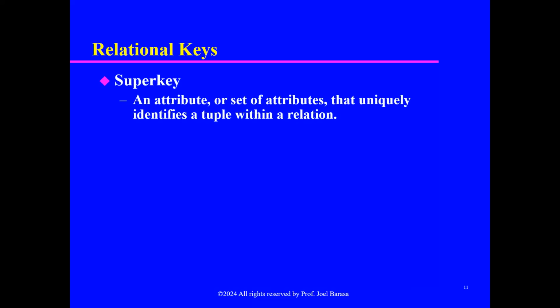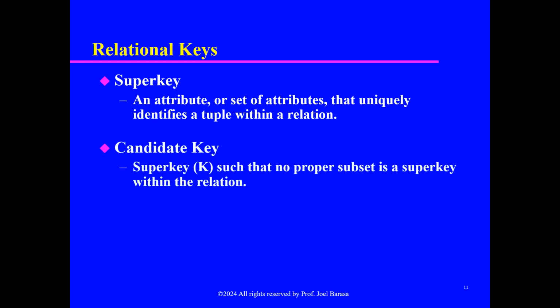So what are relational keys? Super key. A super key is an attribute or a set of attributes that uniquely identifies a tuple within a relation, while a candidate key is a super key that no proper subset is a super key within the relation.